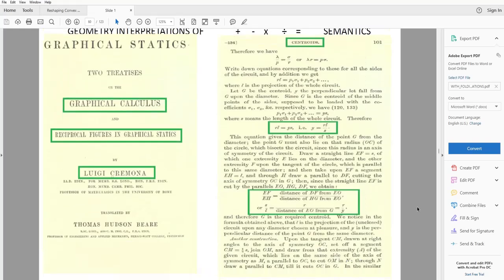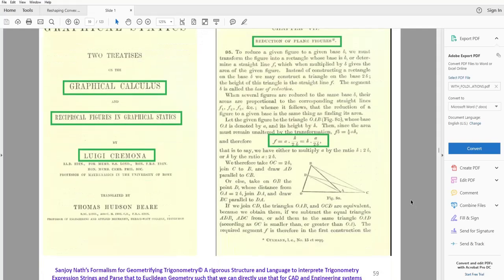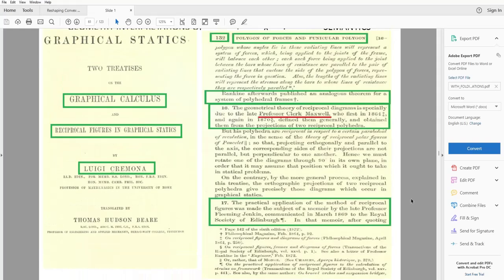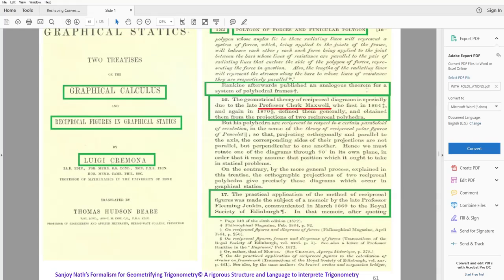These kinds of concepts were described in Cremona's graphical statics and in the reciprocal diagrams of Maxwell, which James Clerk Maxwell was using at that time, in 1860 to 1880. And the Eiffel Tower was also designed with this method, because the matrix method was developed for structural engineering only after 1910.